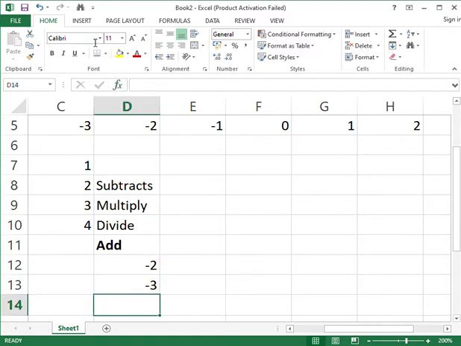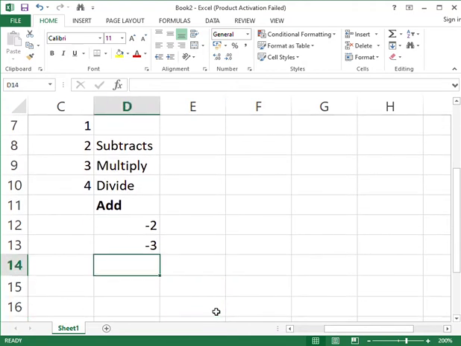What you will first do is check what the sign of it is. If the numbers which you have to add are of the same sign, like this is minus, this is minus, which means this is a question of addition.